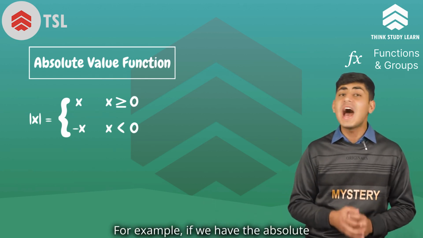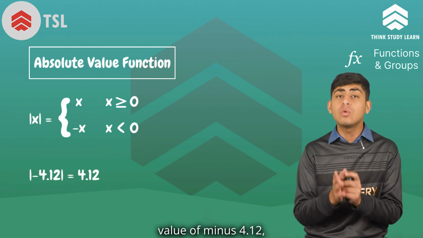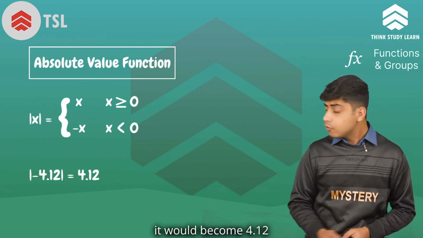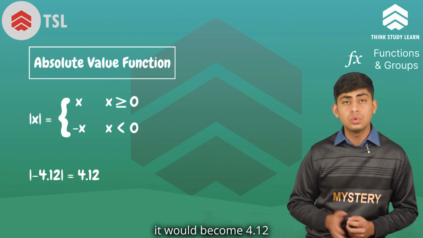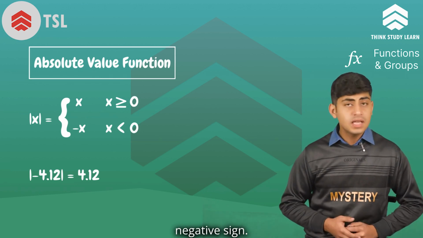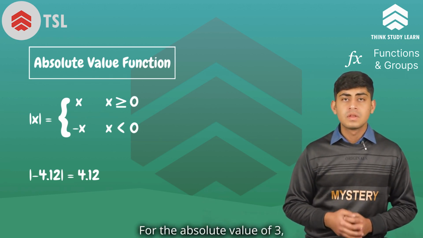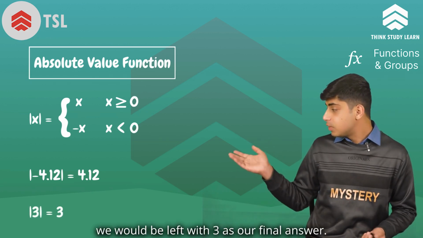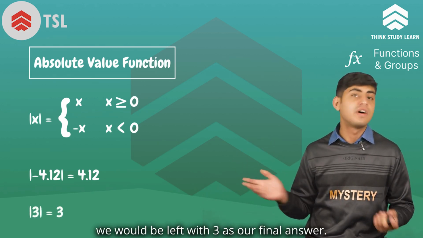For example, if we have the absolute value of minus 4.12, it would become 4.12 as negative sign is cancelled with the negative sign. For the absolute value of 3, we would be left with 3 as our final answer.